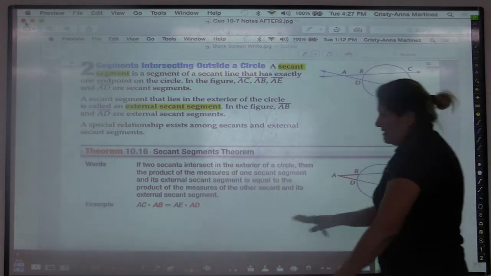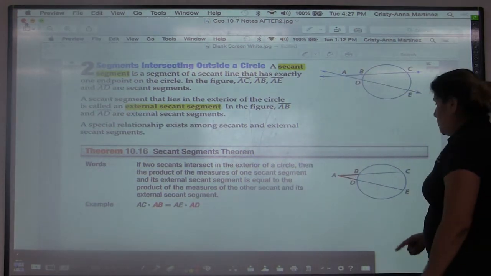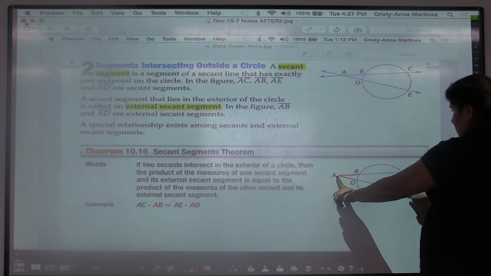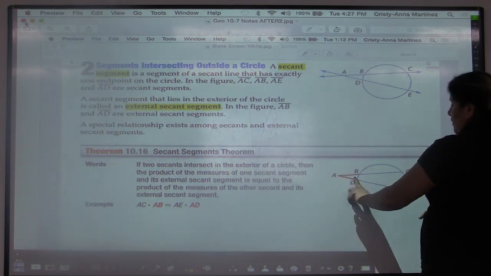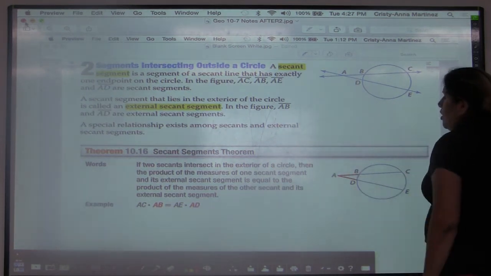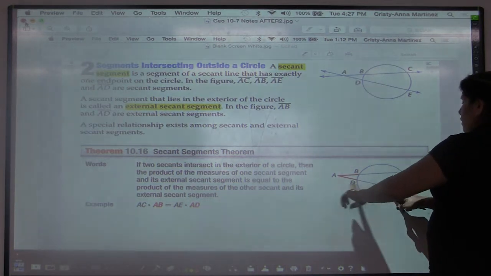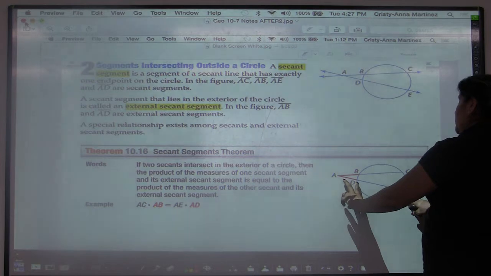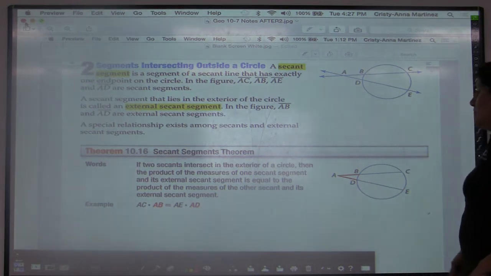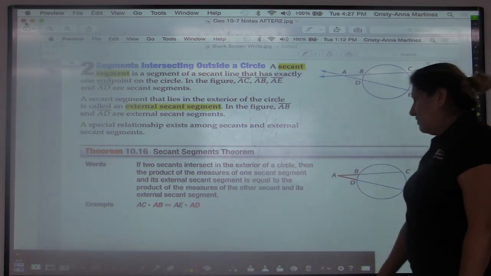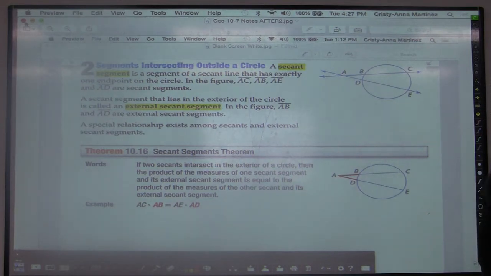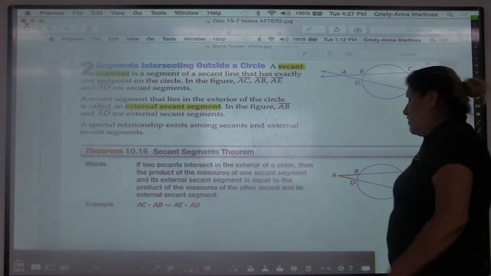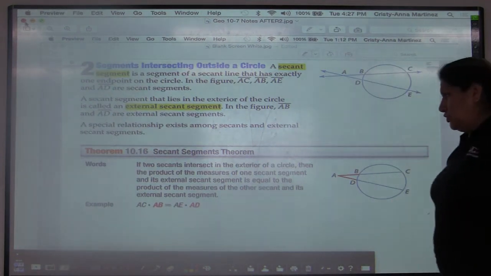So you can see here the example, AC times AB. So AC is the entire secant segment, and then AB is only the portion that is outside of it. Okay, so that's going to equal the other entire secant segment, which is AE, times just the external portion of it. So here we have the product of the measures of one secant segment and its external secant segment is equal to the product of the measures of the other secant and its external secant segment.